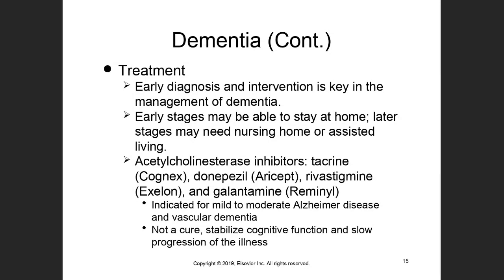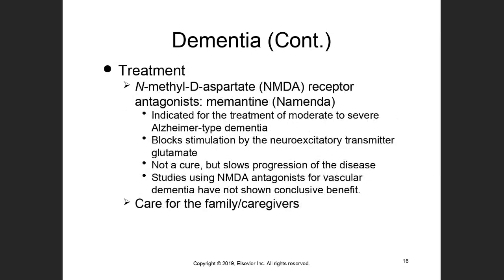Acetylcholinesterase inhibitors, tacrine, donepezil, galantamine, and rivastigmine are medications used for Alzheimer's, indicated for mild to moderate Alzheimer's disease and vascular dementia. Not a cure. That's extremely important. There is not a cure. You treat to give a better quality of life to the patient, but there is no cure.